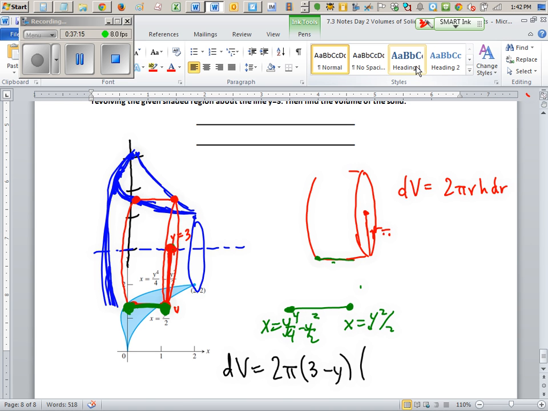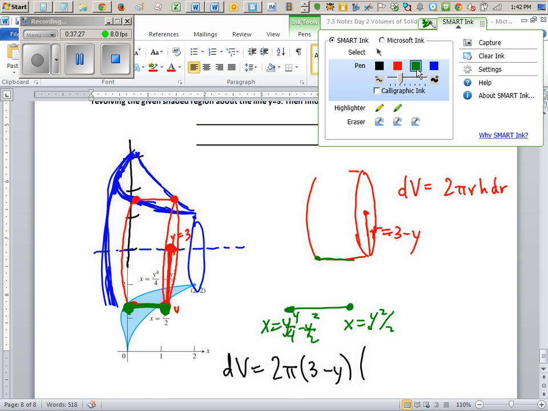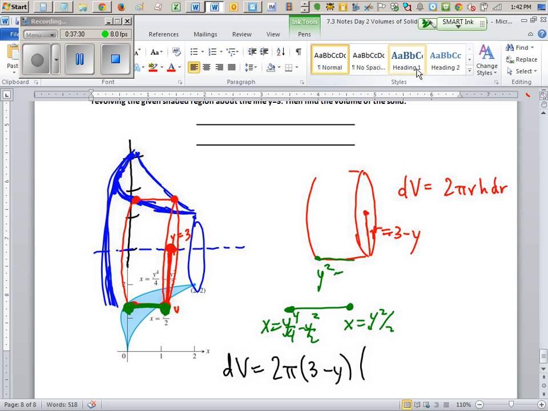Man, that stinks. r was 3 minus y. h was y squared minus 1/4 y to the 4th. Basically, that's my h. I was just constructing this when I accidentally erased it. And we decided that our dr really represents dy for this problem. And then you'd integrate both sides to get your answer.